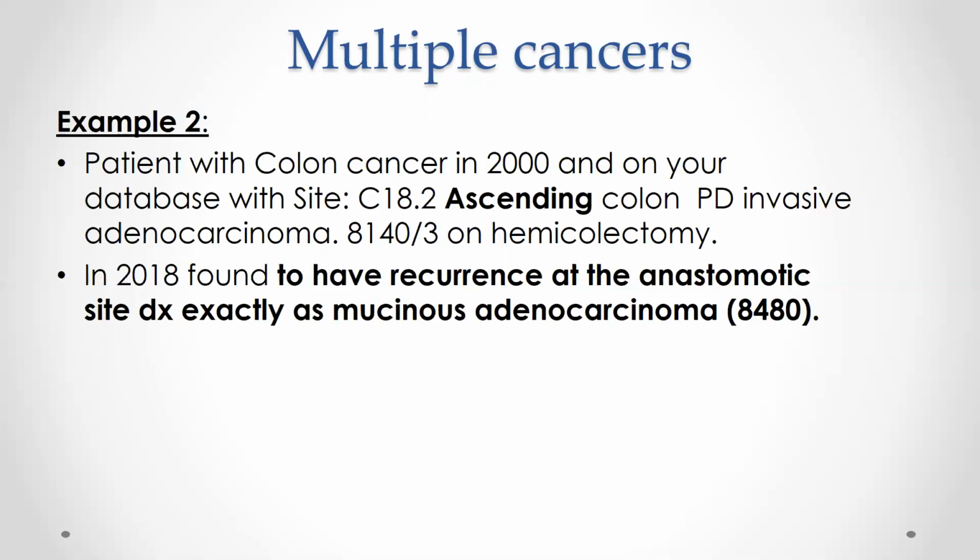So I've penciled in just a working histology for the 8480, and your database is already telling you what that original 2000 diagnosis was. There is a rule that addresses recurrence at the anastomotic site. I kind of remember that from going through the rules.